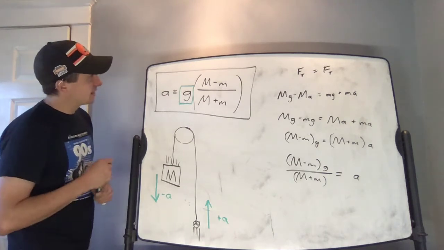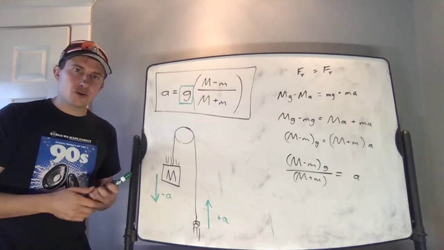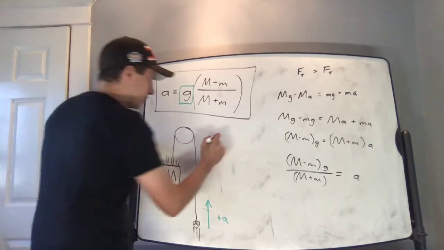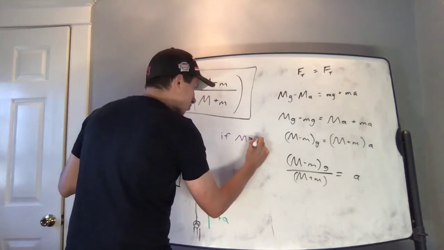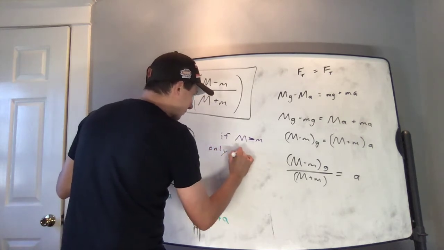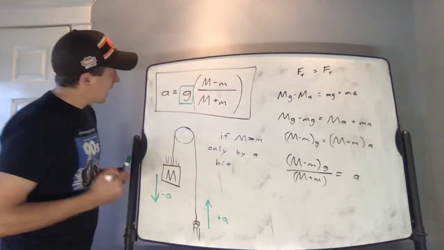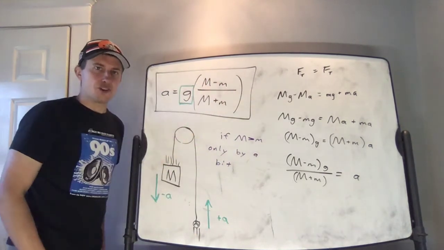I noticed that if big M and little m are very close together, with big M larger than little m only by a bit, then big M minus little m is going to be a really small number.